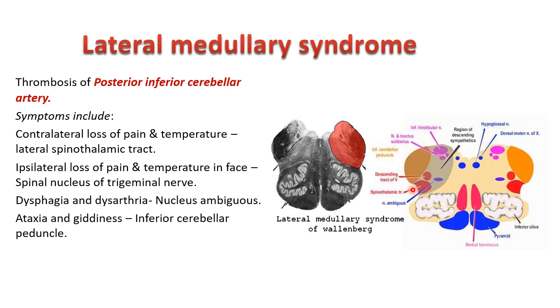So these are the major symptoms which you come across in a lateral medullary syndrome: dysphagia and dysarthria, ataxia and giddiness, ipsilateral loss of pain and temperature sensation only in the face, and contralateral loss of pain because of the crossed fibers of the lateral spinothalamic tract. And you also have Horner's syndrome because of the descending autonomic fibers.